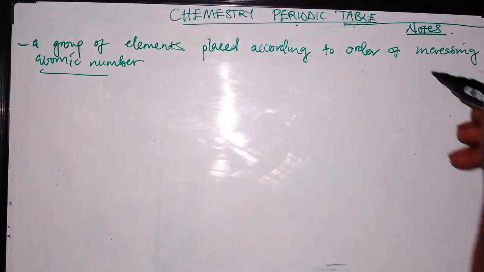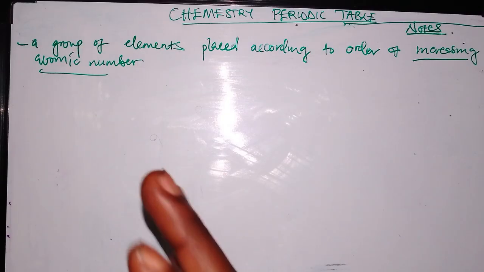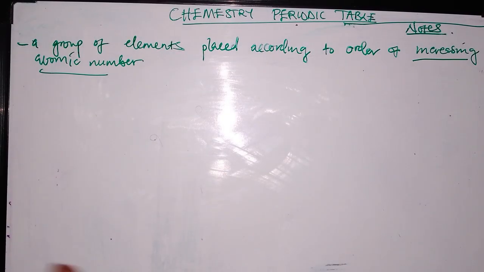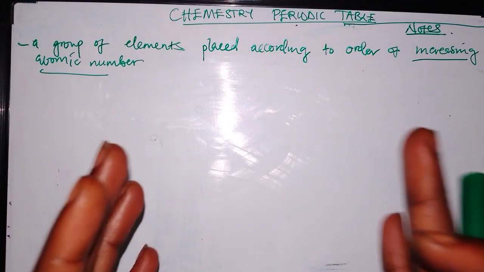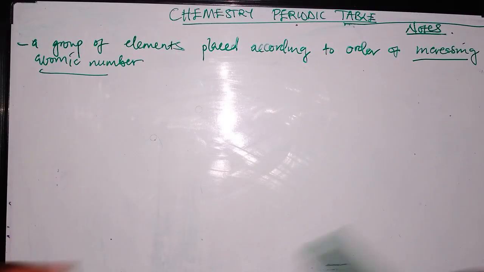So what do we mean when we say increasing atomic number? Meaning the more the electrons or the more the protons are increasing, that's how our element will keep on moving. You need to understand a key which we use to identify elements on the periodic table.